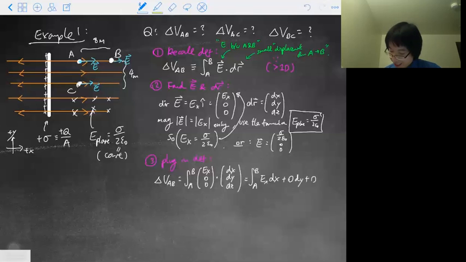So clearly this disappears, and you're left with the integral from A to B. In fact, let's pull out Ex because it's a constant, as we mentioned. That saves a few steps. dx.